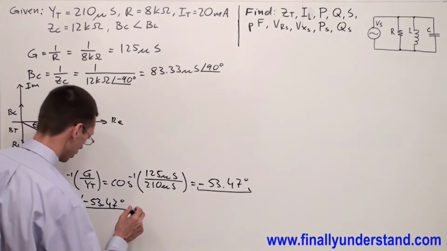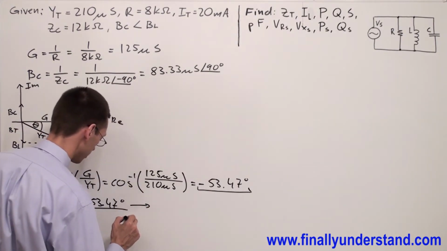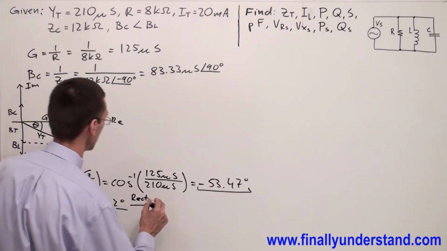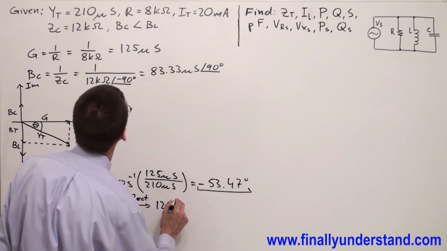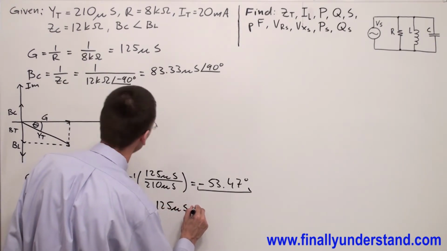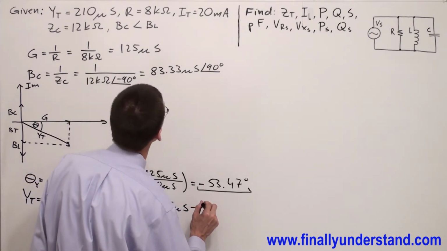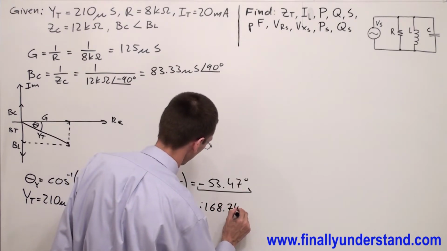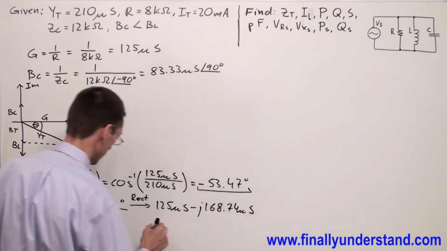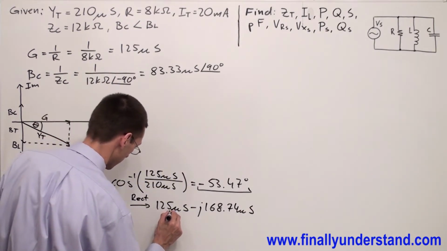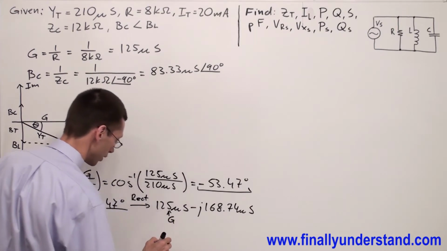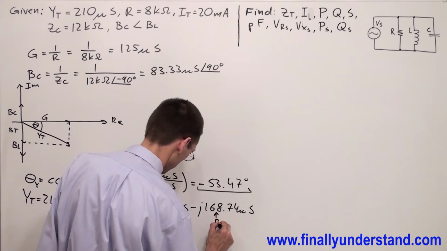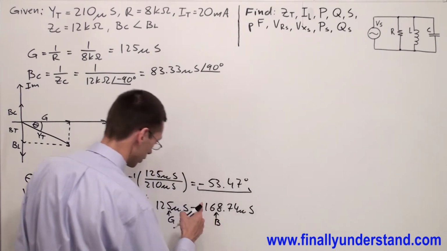I'm going to convert my total admittance to the rectangular form, okay? So this is going to be equal to 125 microsiemens minus j 168.74 microsiemens, where the real part is my conductance and the imaginary part is my inductive susceptance.